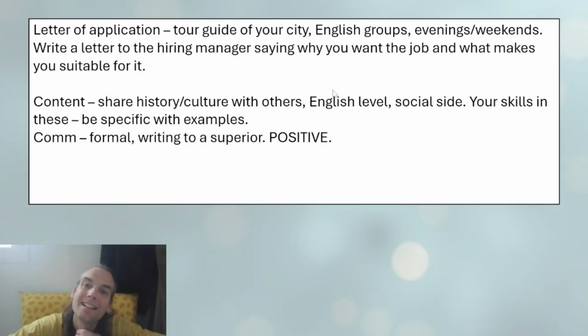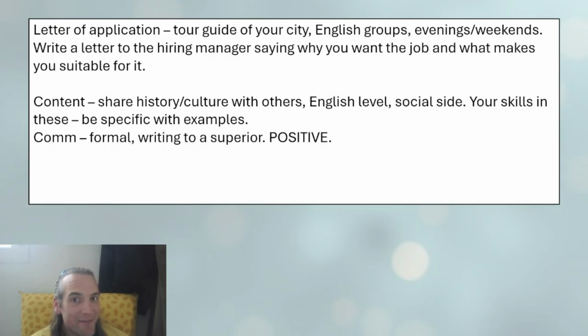So if we go back to this example of the English level, who are you going to hire? The person who says, I can speak English, but I've only got a B1 level because I find it quite difficult. Although, yes, I do speak English. Or the person who says, my English is good, having achieved a B1 certificate and having spent a summer abroad, being able to communicate in many different situations.